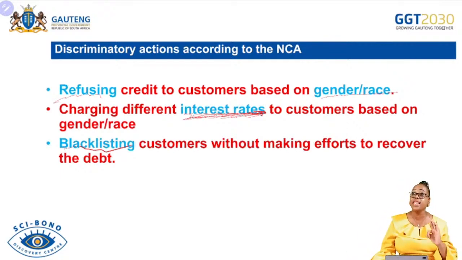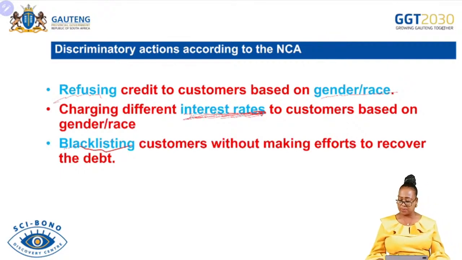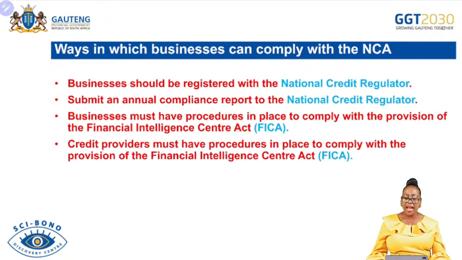So remember, only 3 keywords must be remembered as part of the discriminatory actions. The one that has got a lot of points: there are a lot of ways in which a business can comply. You can also be expected, an action verb can be said, discuss those ways. Discuss all the ways that the business can comply.